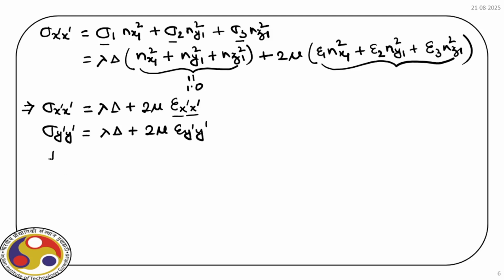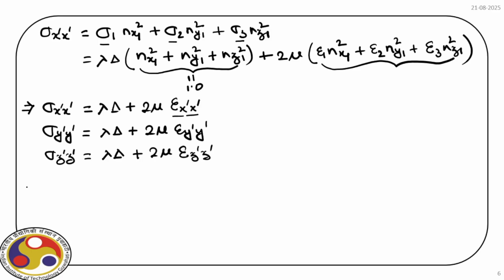And the last one, sigma z prime is equal to lambda times delta plus 2 mu epsilon z prime. Right.